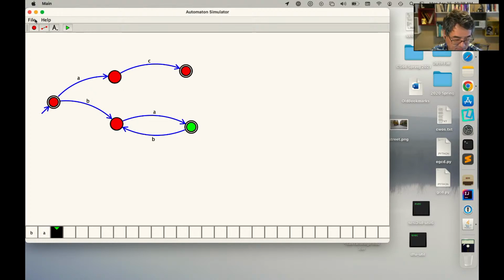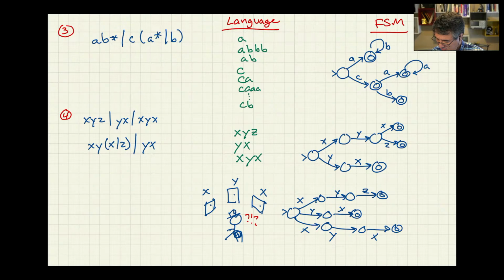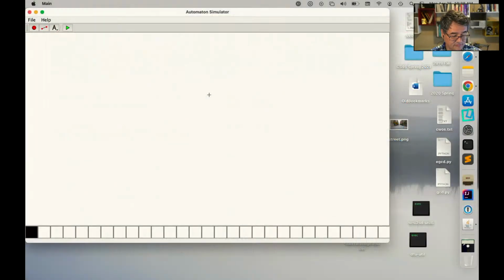Let's see, I can maybe also do the top one that we have here. So let's see, we got 1, 2, 3, 4, 5.